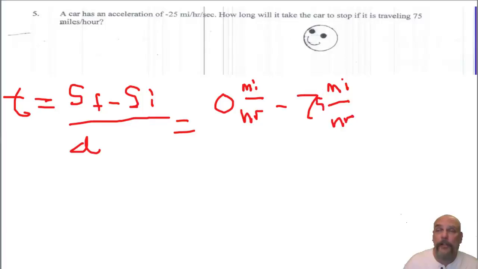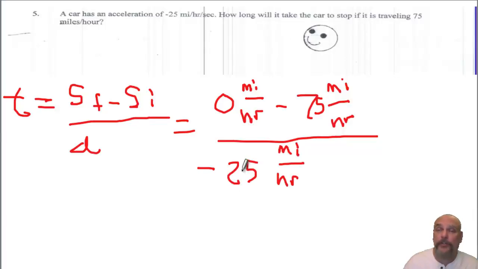So this should be 75 miles per hour. And we need to divide that by the rate of acceleration, which is negative 25 miles per hour per second. That's a rate of speed. And that means that the speed of the car is going to decrease by 25 miles per hour every second.